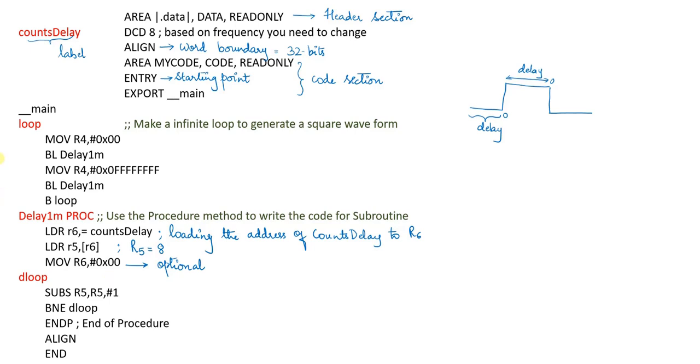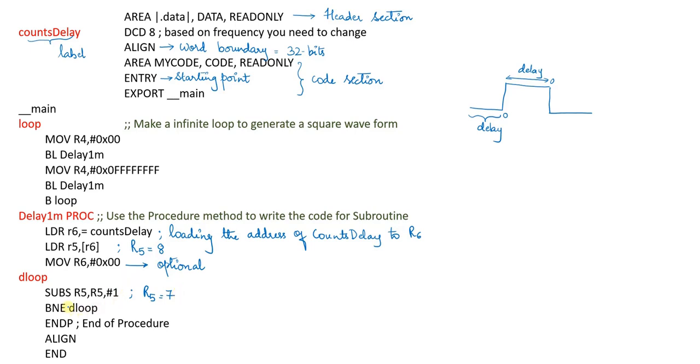Next, once you load R5 with the value 8, you are going to go to the D loop, and there you are going to subtract 1 from R5 and store the new value in R5. Initially R5 was 8, so R5 now becomes 8 minus 1, which is 7. BNE D loop means branch if not equal to D loop.